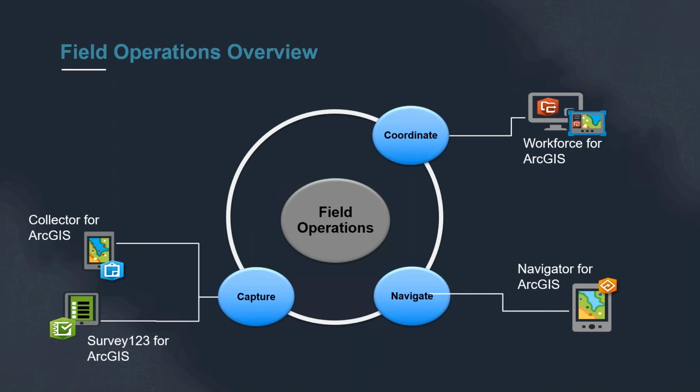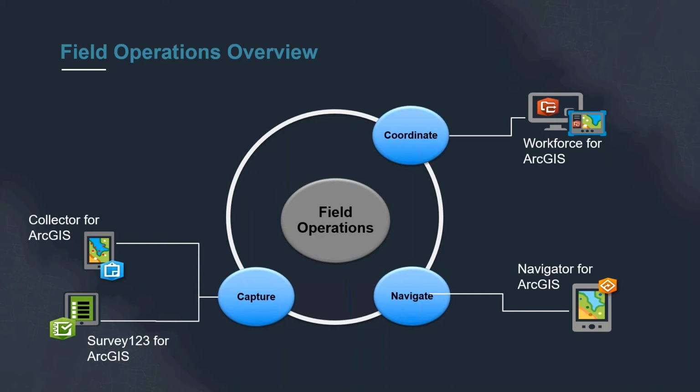Then once we reach the task location, once we want to execute the assignment, of course we need to capture our data and do some work. So our two most popular apps that can be used to capture data are, first, Collector for ArcGIS, which focuses on map-centric data collection, or where location is really important.